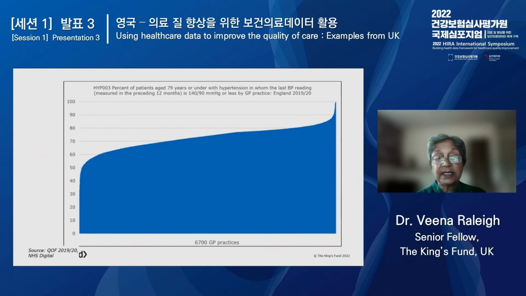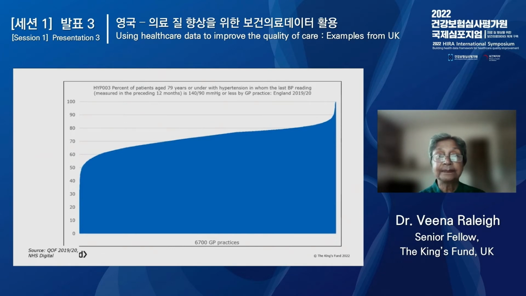And it shows that there's quite a range of performance from about 50% of hypertensive patients having their blood pressure controlled to over 80% in some areas. So this illustrates that there's a big variation at general practice level. And this is the sort of data that's very useful for driving quality improvement, for example.